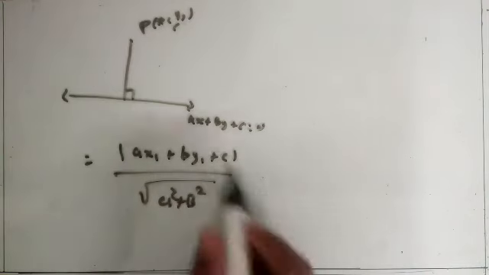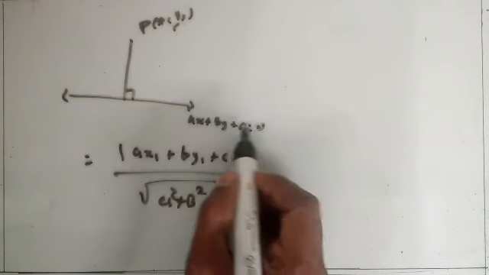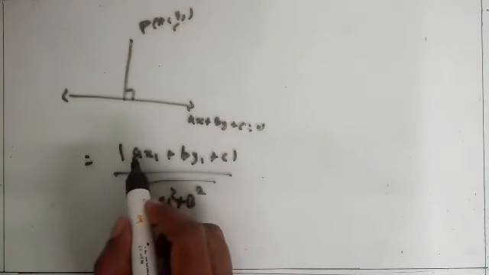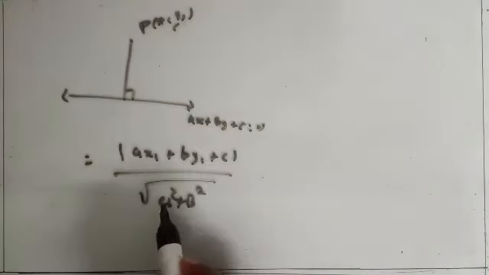Clear? Or if a line is given as capital Ax plus By plus C equal to 0, then here we take capital Ax1 plus By1 plus C upon root of A square plus B square. Clear?